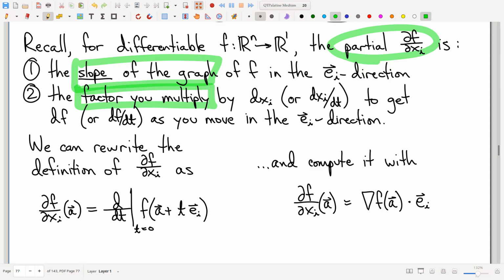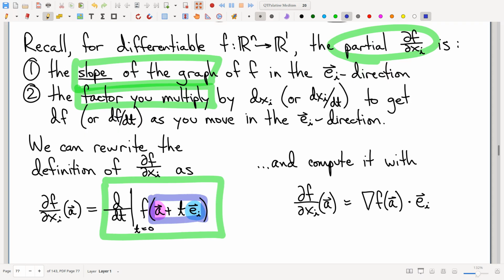I haven't written the following down yet, but partial derivatives can be thought of by way of this expression, and it seems like a weird thing to write down, but this is a pretty natural expression. What this says is, look, if I'm at a point A, and I am moving with that as my velocity, then this describes my motion in the domain.